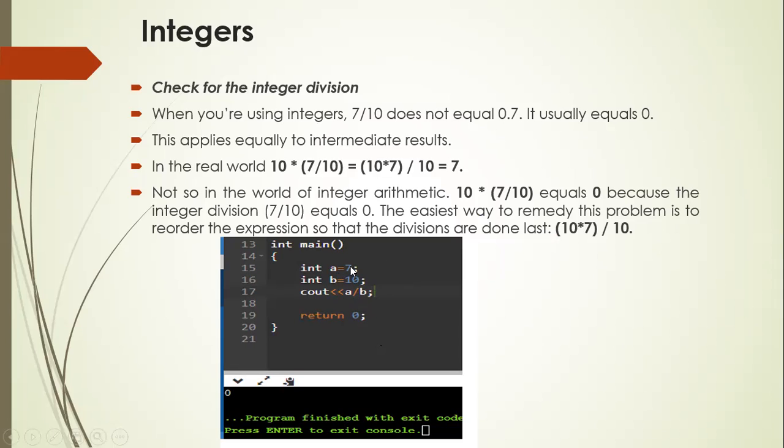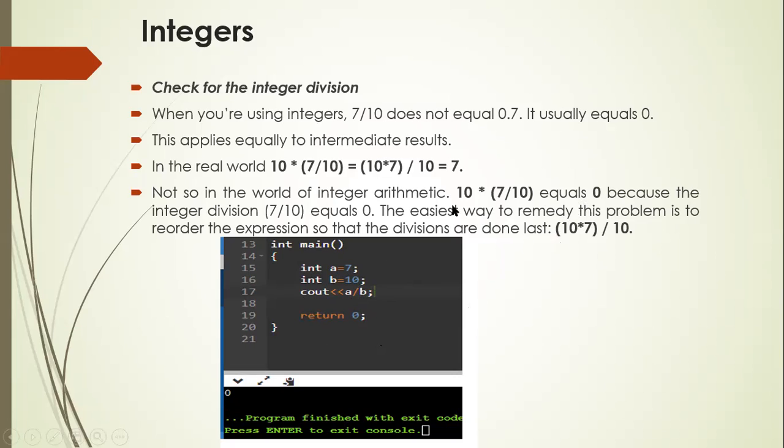Although if we divide 7 by 10 in a calculator or in the arithmetic world, it gives 0.7, but here we are getting 0, which is unexpected. So we have to keep in mind such errors that can create a big issue in our code or in our calculations, especially in banking and e-commerce. Such errors should be avoided.